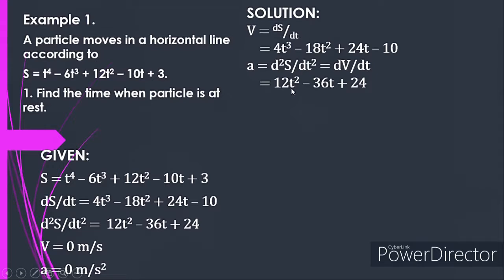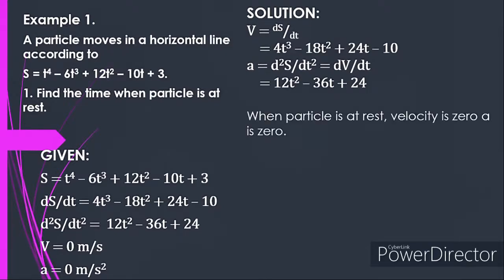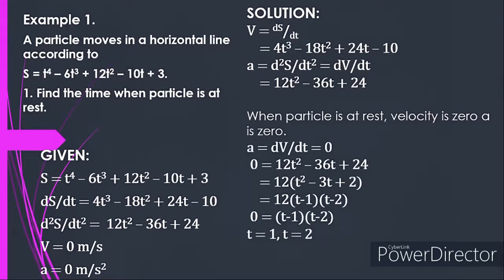So, yan ang parati nating tandaan. Dalawa lang yan ang formula. Velocity is equals to ds over dt. And then, acceleration is equals to dv over dt. So, when the particle is at rest, velocity is 0 and acceleration is 0.